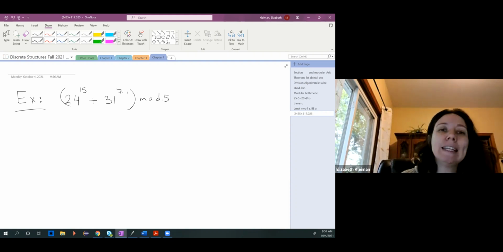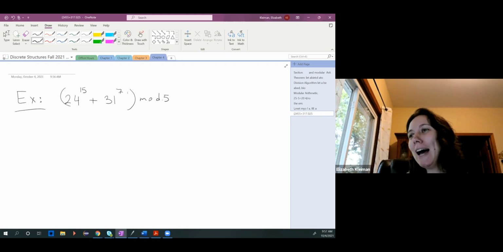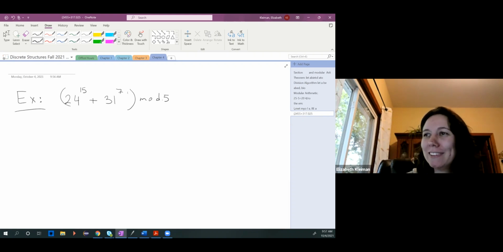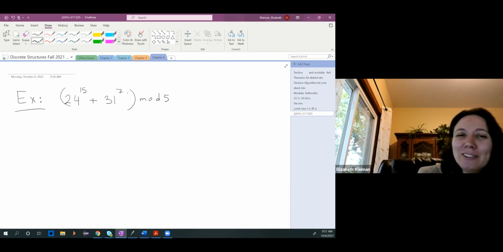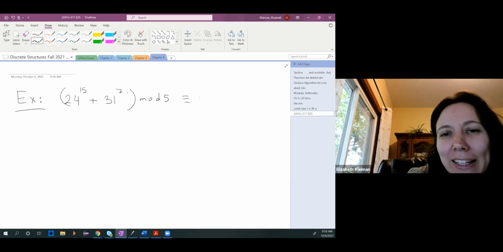Okay, does anybody really want to do 24 to the power 15? Or should we use our rules and make life easier? The rules are better, correct? So what we can actually do is we can say, okay, it's the same as 24 to the power 15 mod 5 plus 31 to the power 7 mod 5, correct?